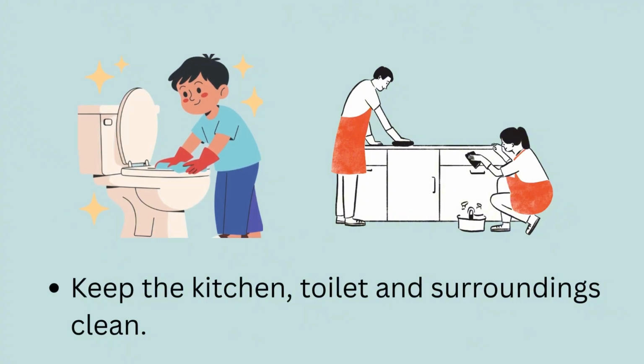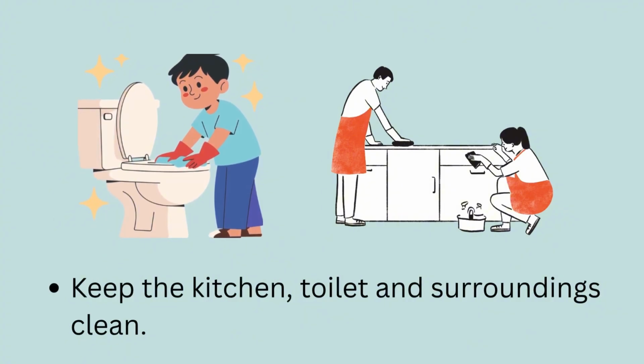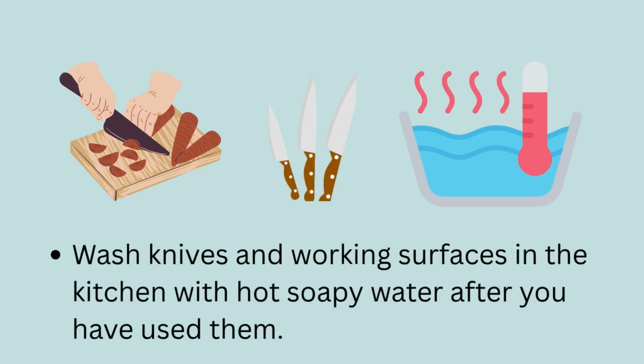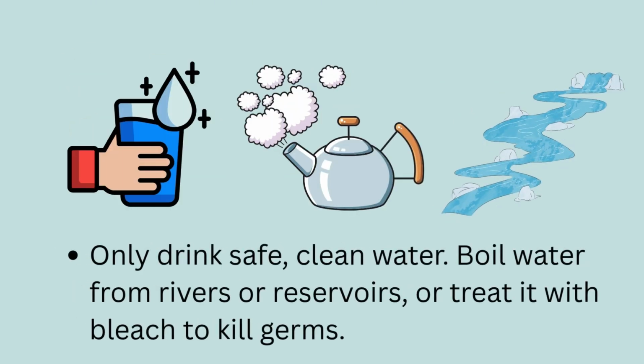Keep the kitchen, toilet, and surroundings clean. Wash knives and working surfaces in the kitchen with hot soapy water after you have used them. Only drink safe, clean water. Boil water from rivers or reservoirs or treat it with bleach to kill germs.